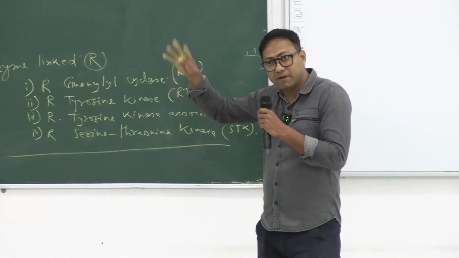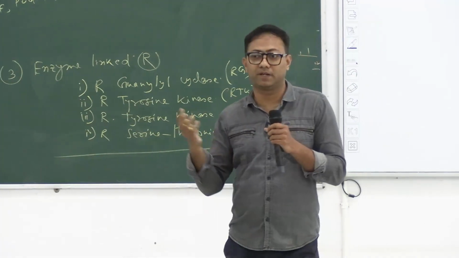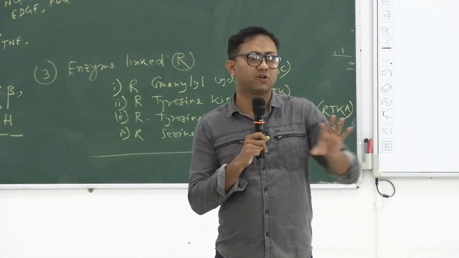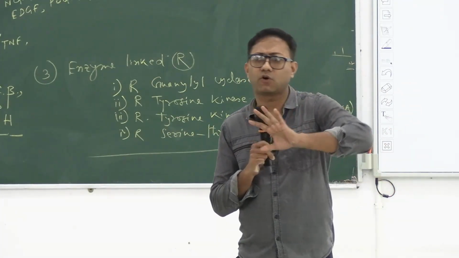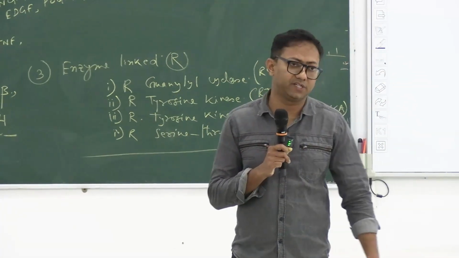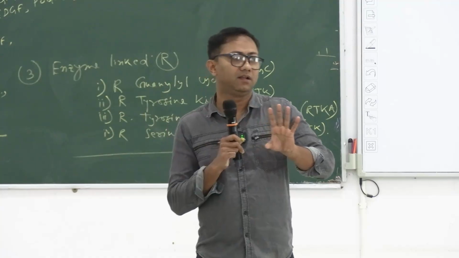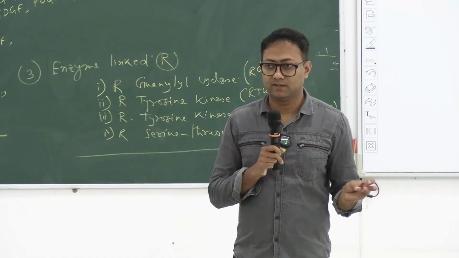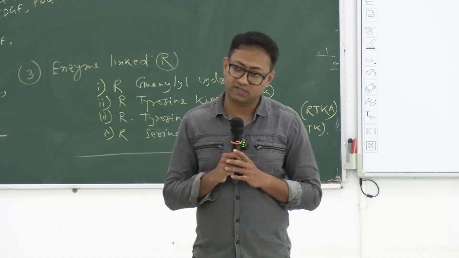So if you remember this classification and the examples, you can tell the mechanism of action of any hormone. Whatever hormone is asked in your examination, you can at least tell which classification it belongs to, and this is what is required.